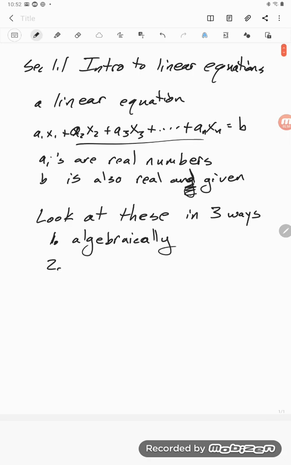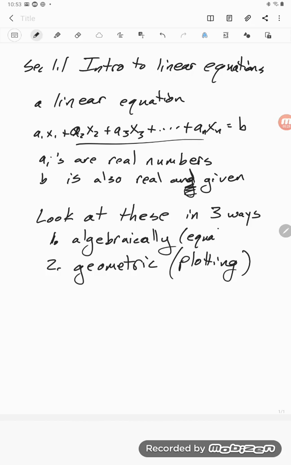The second way we'll look at them or think about them is geometric. Here you can think of things like plotting equations. And then three, numerically.